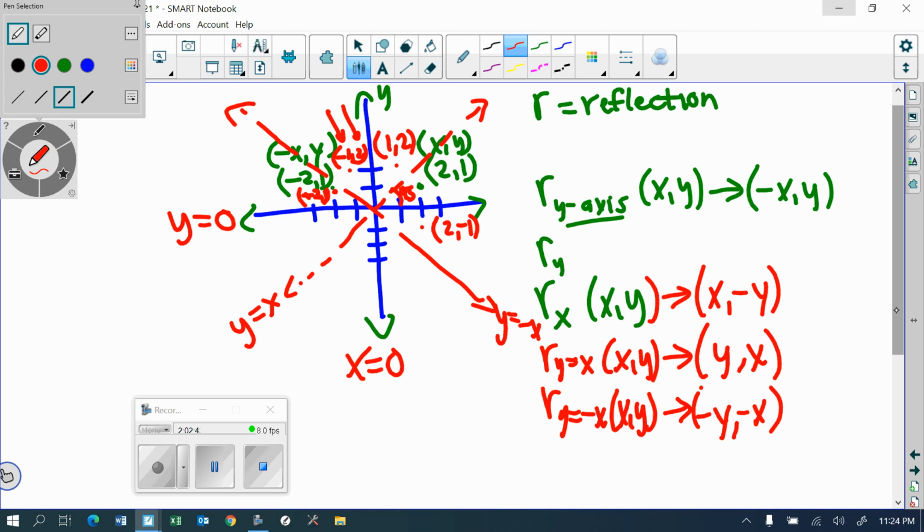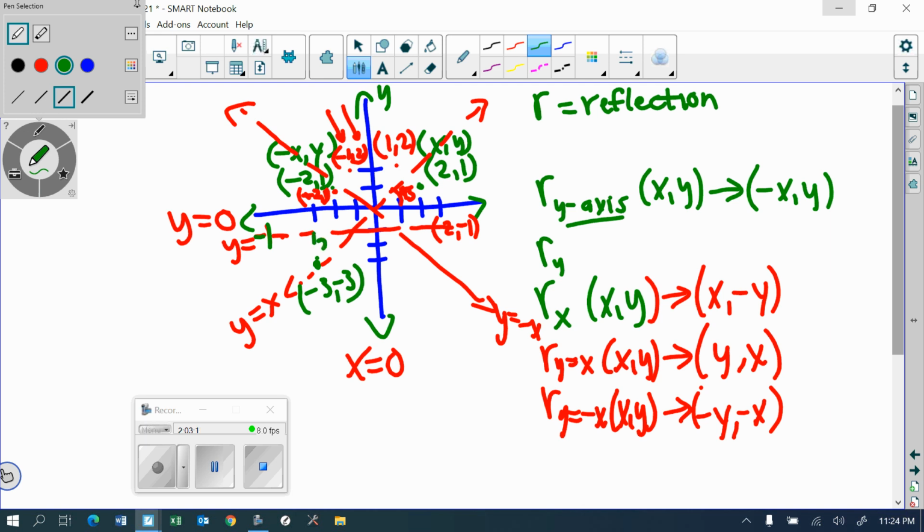Now, if I had a reflection over another line, for example, if I took and reflected over y equals negative 1, that line right there. If I took this point right here, negative 3, negative 3, and reflected over the line y equals negative 1, I have to go at 90 degrees straight up the same distance.